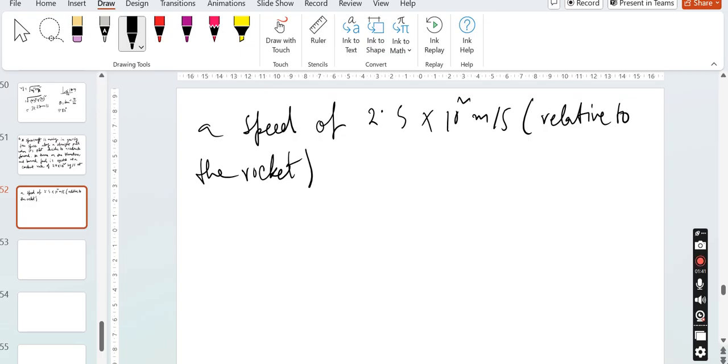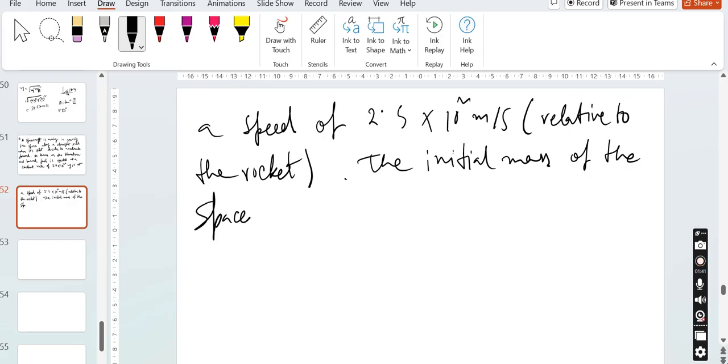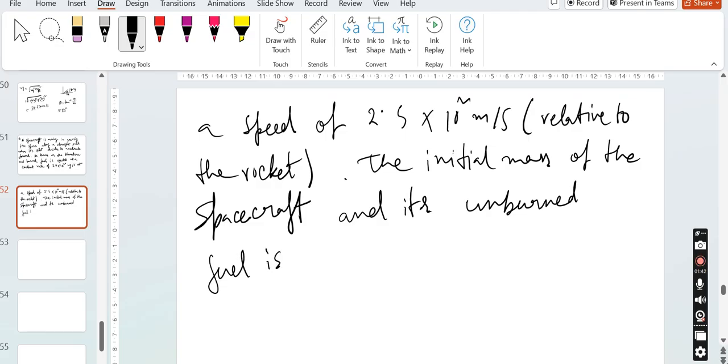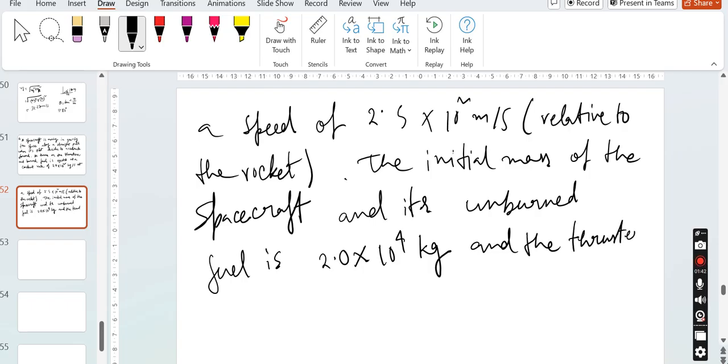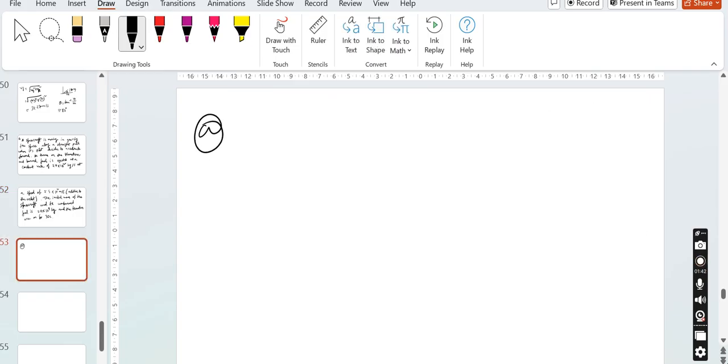The initial mass of the spacecraft and its unburned fuel is 2 into 10 to the power 4 kgs, and the question A is, what is the thrust?